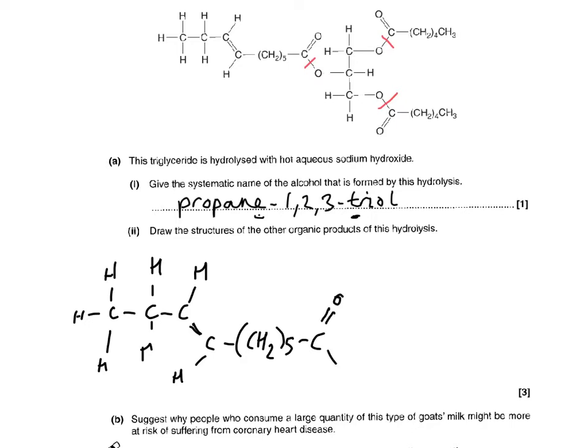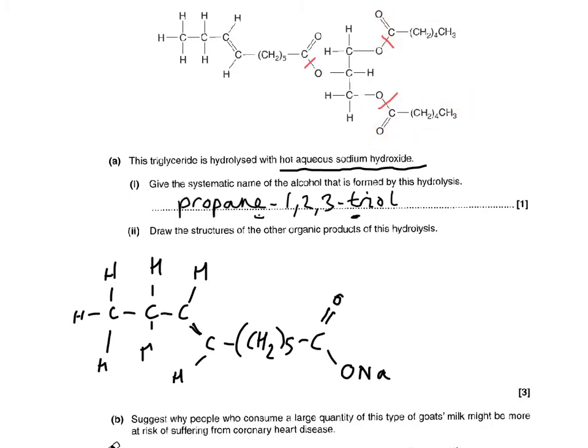Okay, now where I've got the bond break here, we are going to end up with an oxygen and a sodium. It's not a carboxylic acid because it was hot aqueous sodium hydroxide, not hot acid that we use for the hydrolysis.